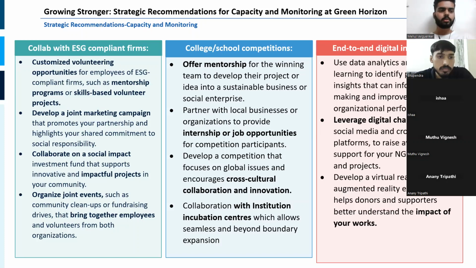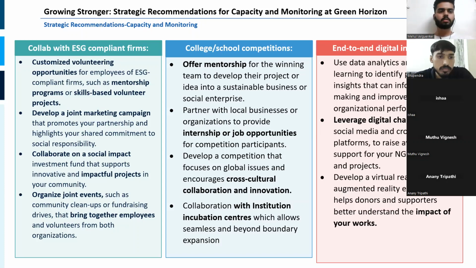So what we came up with is the NGO, that is Green Horizon, can collab with ESG compliant firms. So in India, it's a mandate for companies with more than 10 billion rupees turnover, or 50 million rupees in net profit. They have to at least spend minimum 2% of their net profits on CSR activities, which they can monitor using their ESG frameworks.